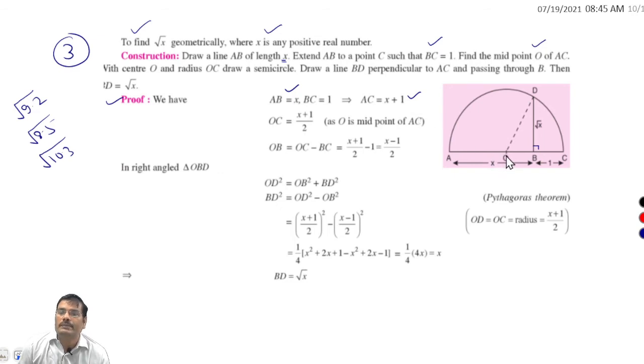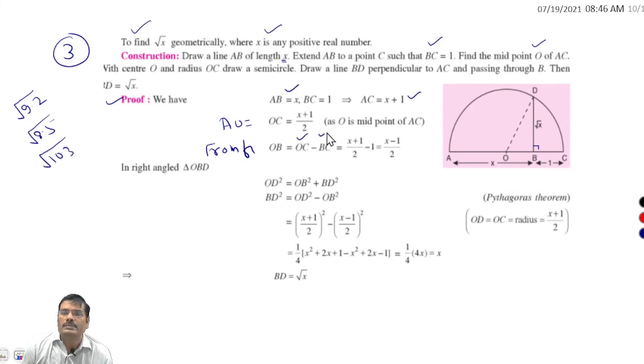Since O is the midpoint of AC, what happened? This OA is equal to OC is equal to (x plus 1) upon 2, since O is the midpoint of AC. Now from the figure you see this OB can be written as OC minus BC.